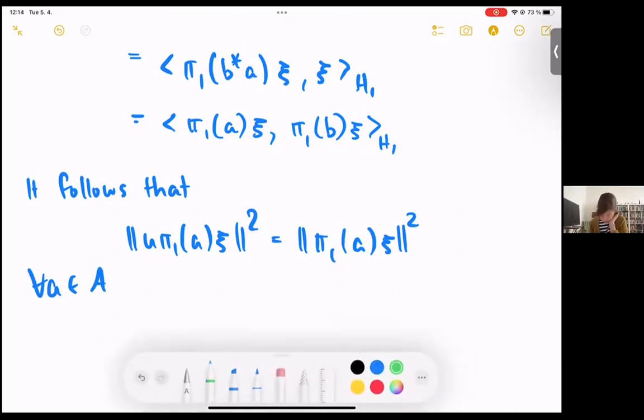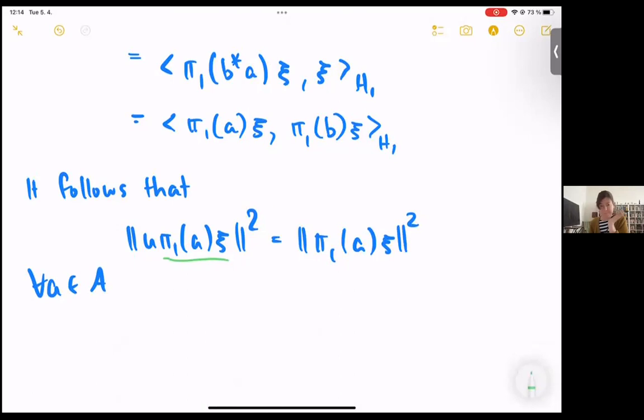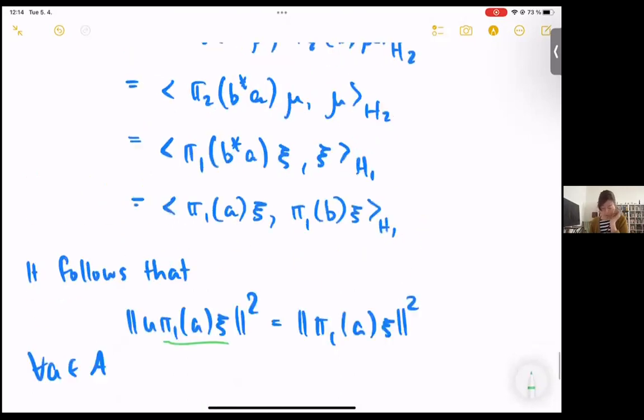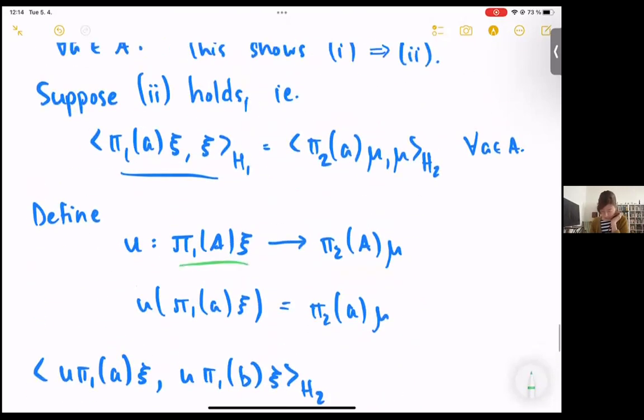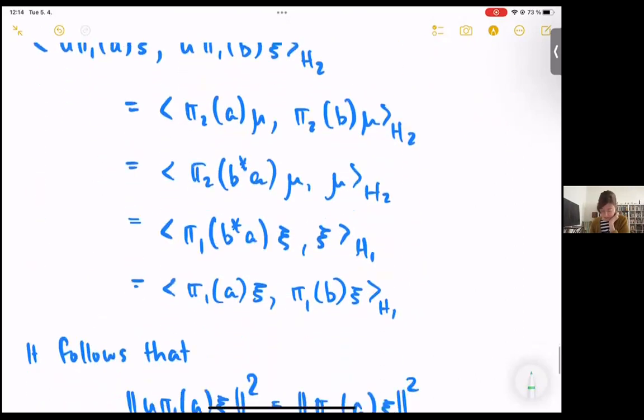So vectors of this form are dense in, well, this is how we've defined it on pi 1 A psi, and these are dense.